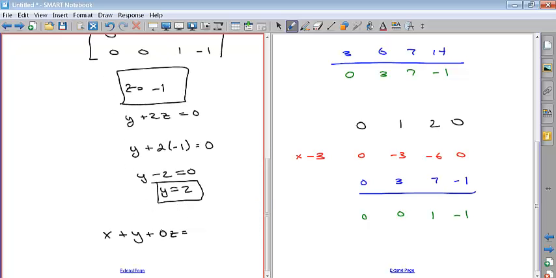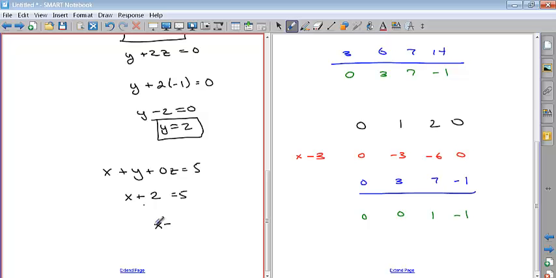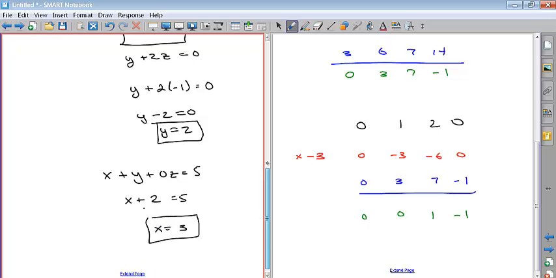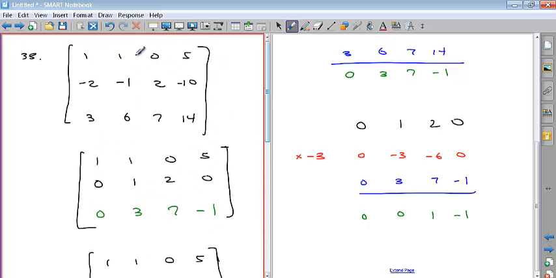And then I know what z and y are, so x plus y, but y is 2, plus 0, because it doesn't matter what z is, that's going to go to 0, equals 5. So you subtract 2 from both sides, you get x is equal to 3, and there you have the final solution. So those are the values of x, y, and z that would make these original equations work.